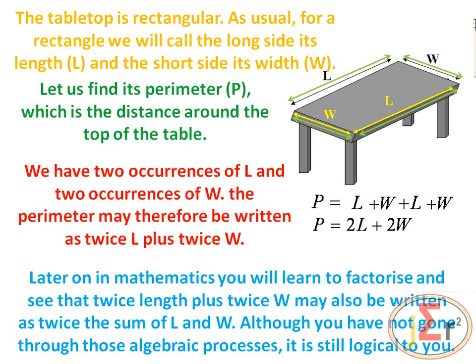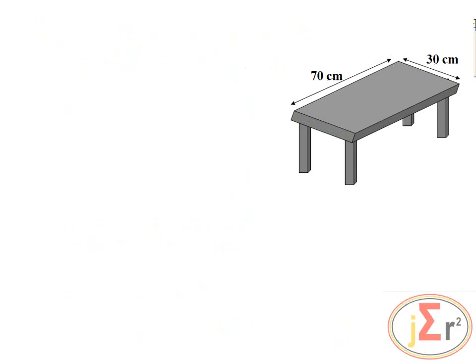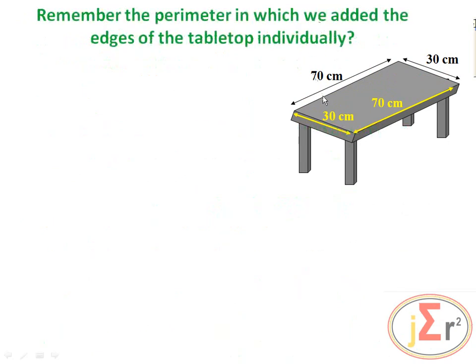So we have 2L plus 2W, or 2 times the sum of L and W. What are we about to do on this slide? To show that irrespective of how we write the formula, the result will be the same.